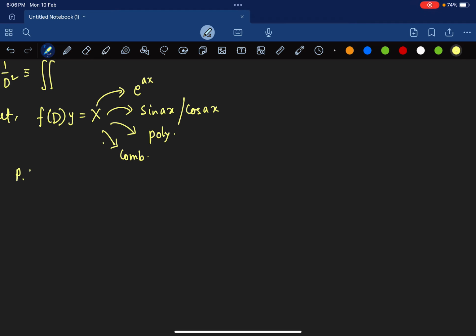So in that case, what will be the particular integral? The particular integral is given by 1/f(D) of capital X.